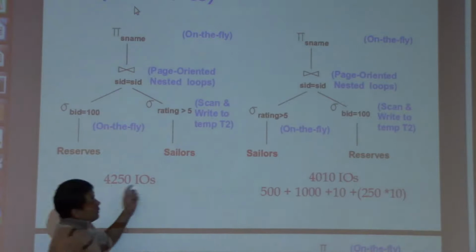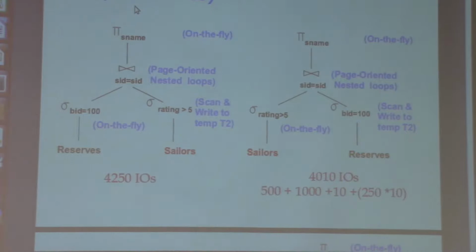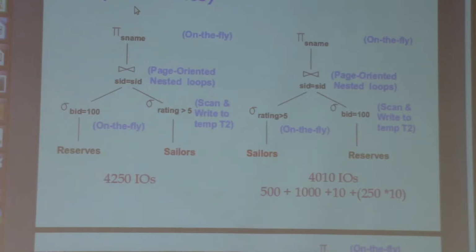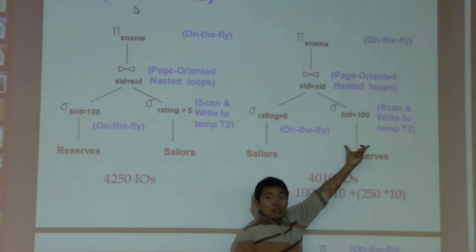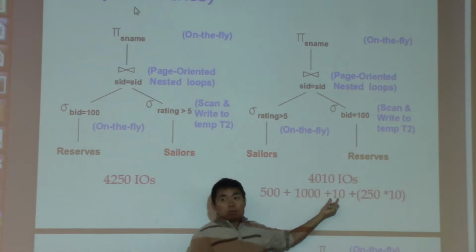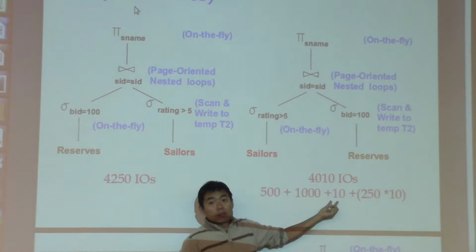So next, now you see how this works. Let me try to flip the order once more. Flip the two again. What will be the I/O cost? Well, read this in, that's 1,000 I/Os. Write it back to disk, because selectivity is 1%, becomes only 10 I/Os.